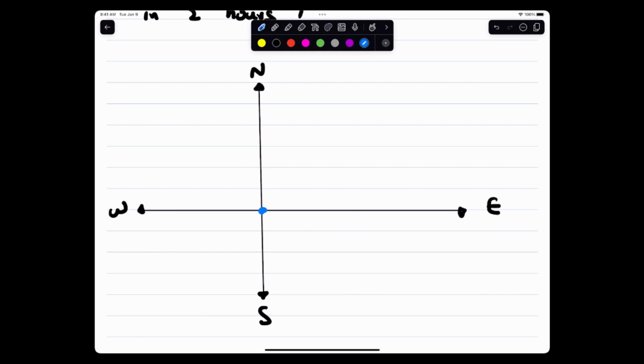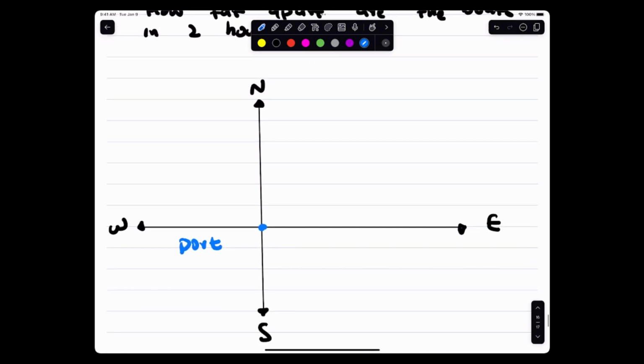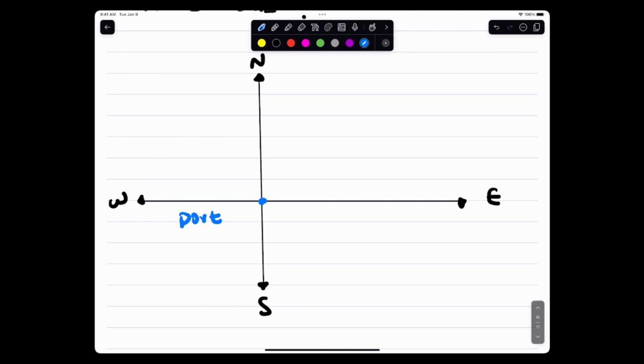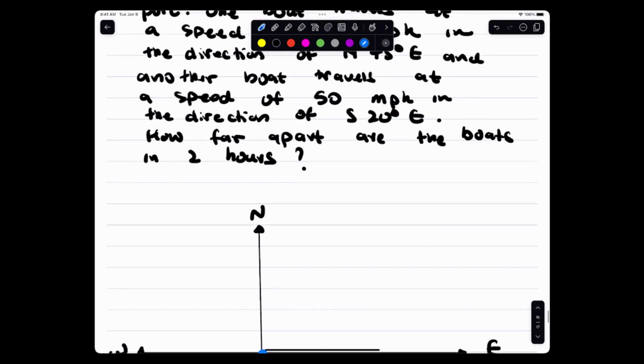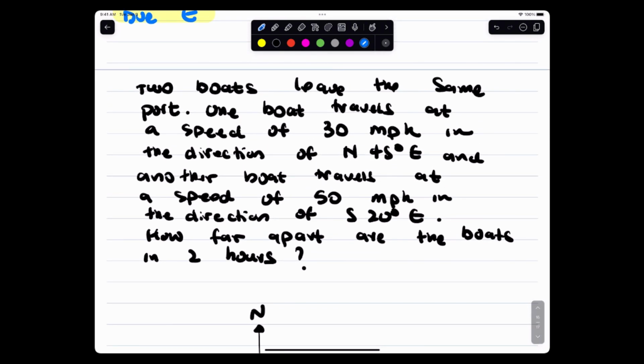This, ladies and gentlemen, is where the port is. See that dot? You put it in the middle of your compass. Okay? And then now you have 2 boats. Is that true? One boat, what's the story with one boat?